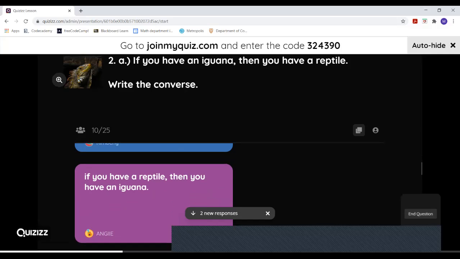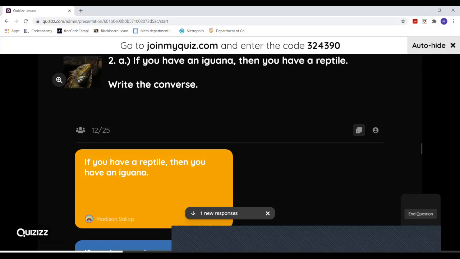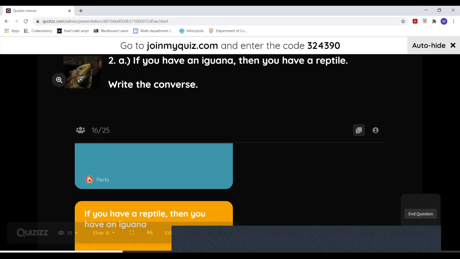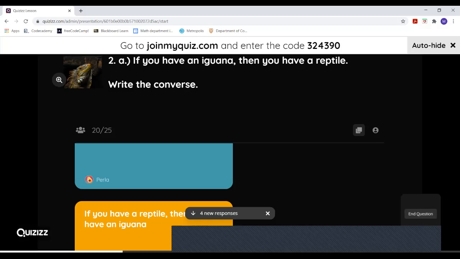So to swap those, it's backwards from this. If you have a reptile, then you have an iguana. So we're doing the last part first and the first part last, swapping our consequence and antecedent.